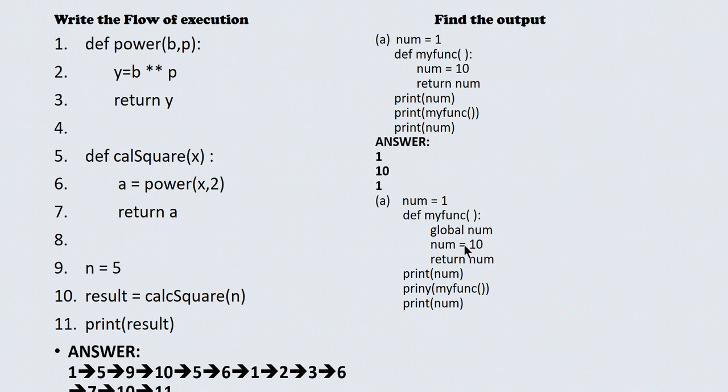Now what you are actually doing is assigning the value 10 to the global variable. That can be done by writing the statement as global, and whatever variable you want to use as global inside the function, you have to specify that variable name. That is what has been done here.